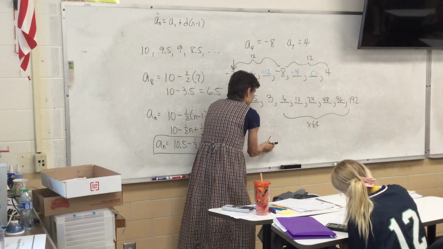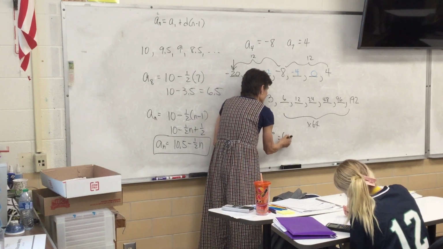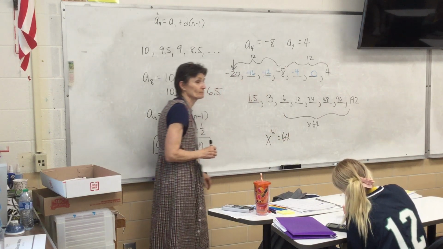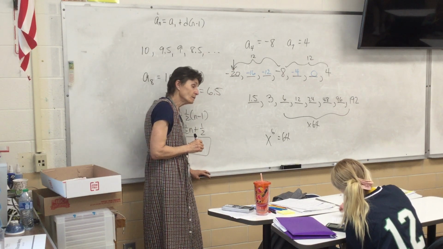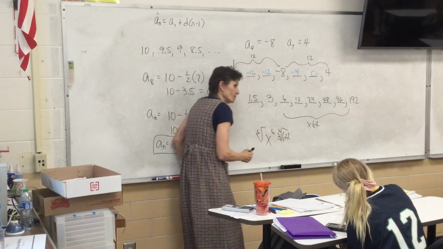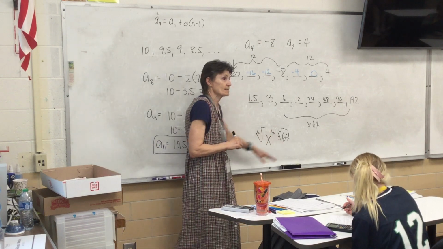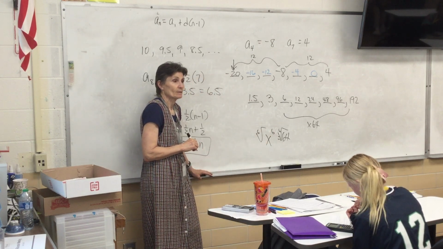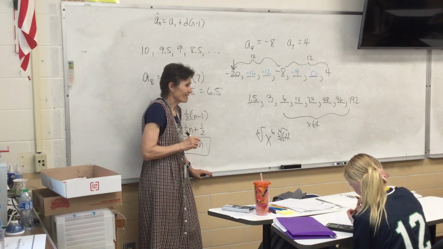So something multiplied 6 times gives me 64? Well, you can figure that out on your calculator, and that's 2. Or you can remember that 2 to the 6 is 64. Or you can do what Ethan did and trial and error.